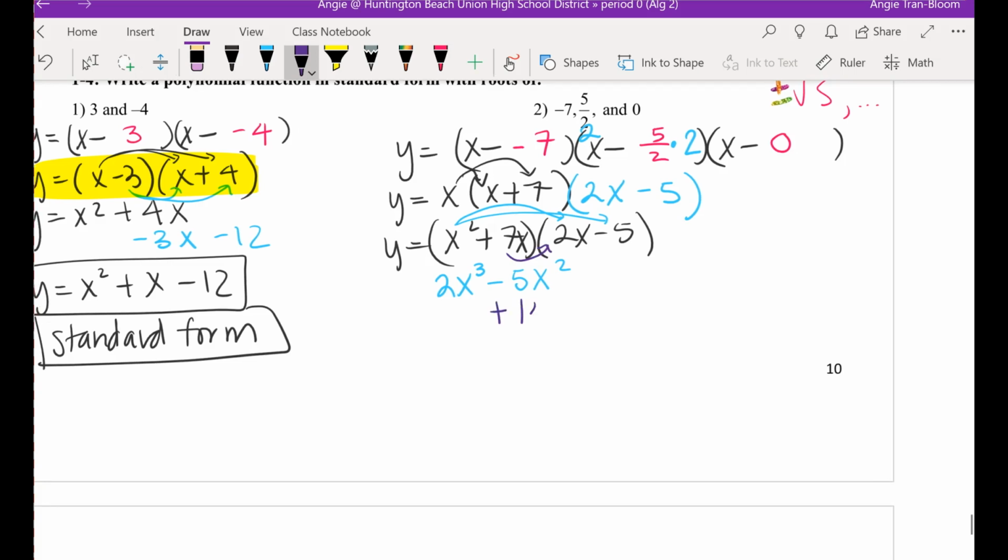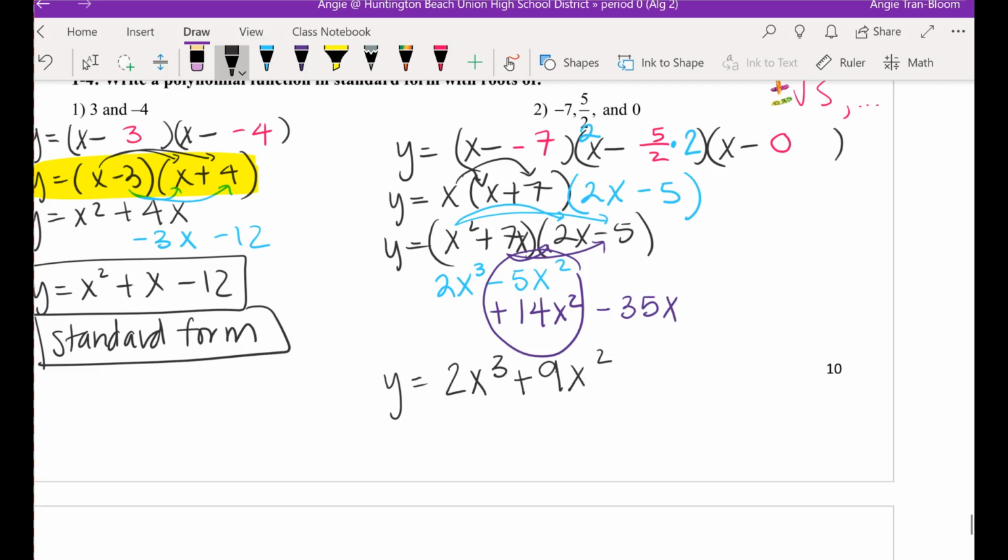I lined it up right there. 7x times -5 is a -35x. Can I combine those two guys right there? Yeah. So final answer in standard form is 2x to the third plus 9x squared minus 35x. Beautiful. Box that up.